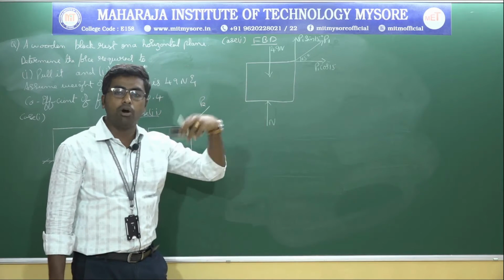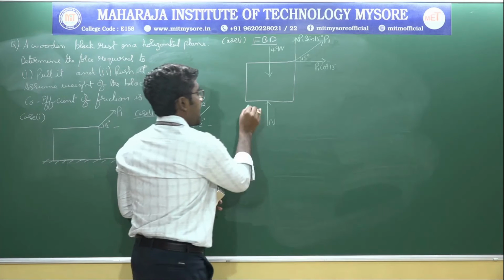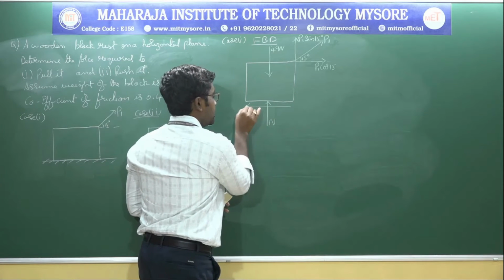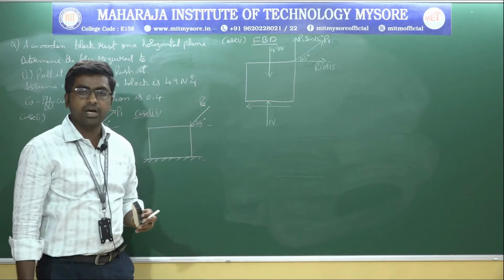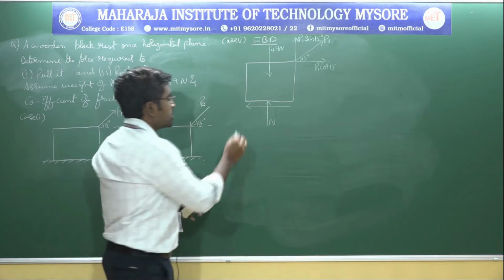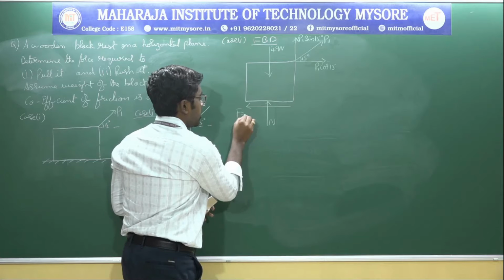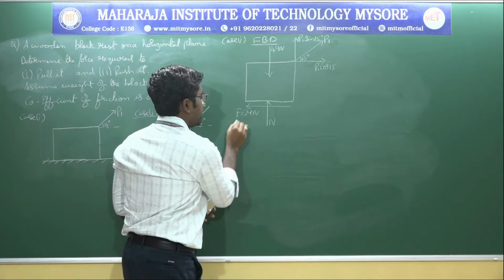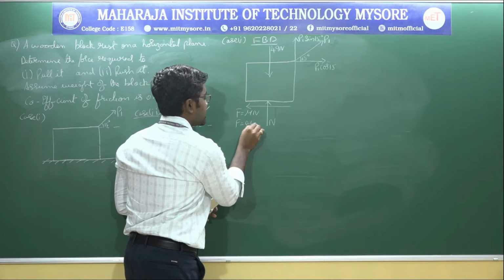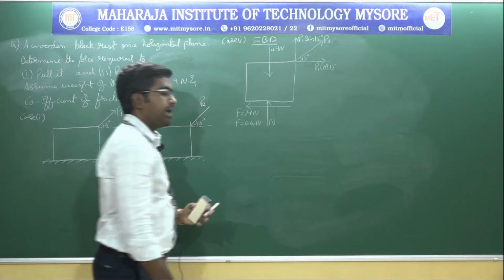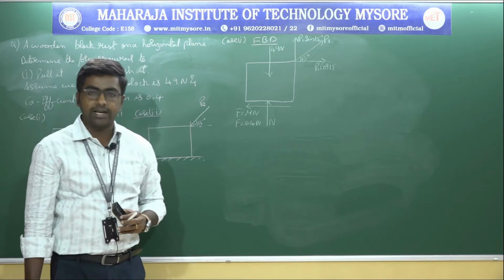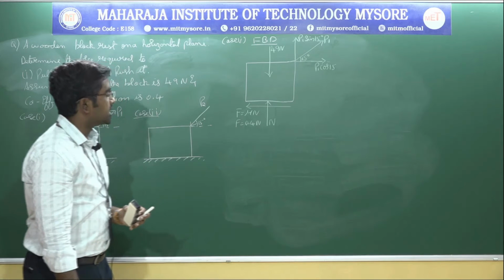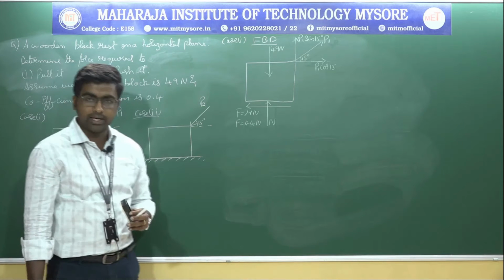Therefore, the friction will be opposite to the impending motion, and this is how the friction looks in case number 1. So F is equal to mu times N, where mu is given in the question, and that will be 0.4 times N. This completes the free body diagram for case 1.